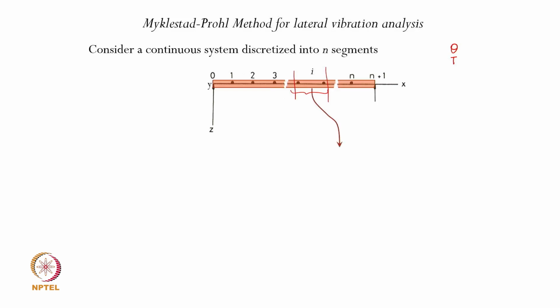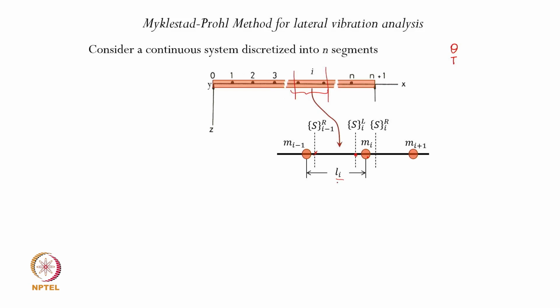So, we take this ith segment, and as I said, we will relate the state vector on the right side of the ith mass to the left side of this ith mass, and then the state vector on the left side of this ith mass will be related to the state vector on the right side of the previous mass, and that basically constitutes one particular segment, in this case shown as the ith segment.